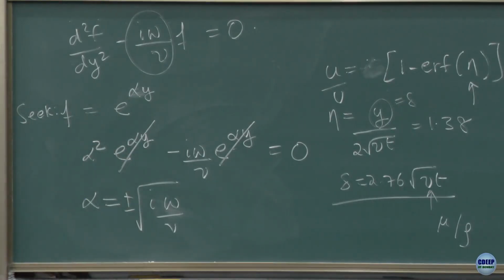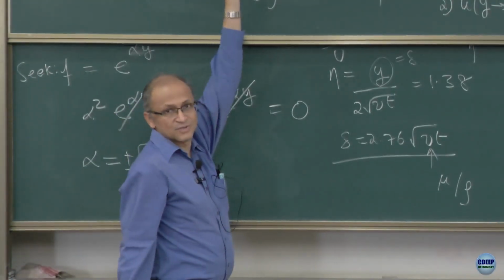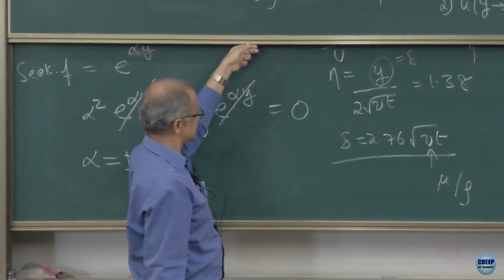Correct? So you can see that the solution is relatively straightforward once you know this is in some sense the key step. Once you understand this step, after that everything just follows.